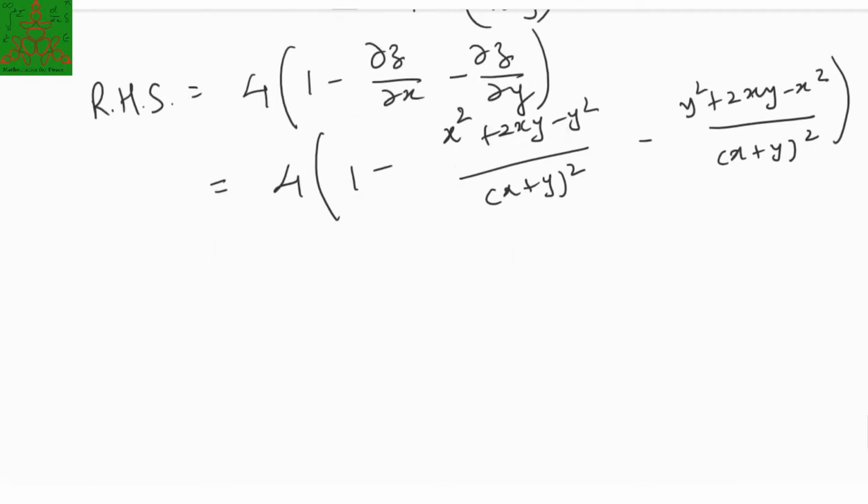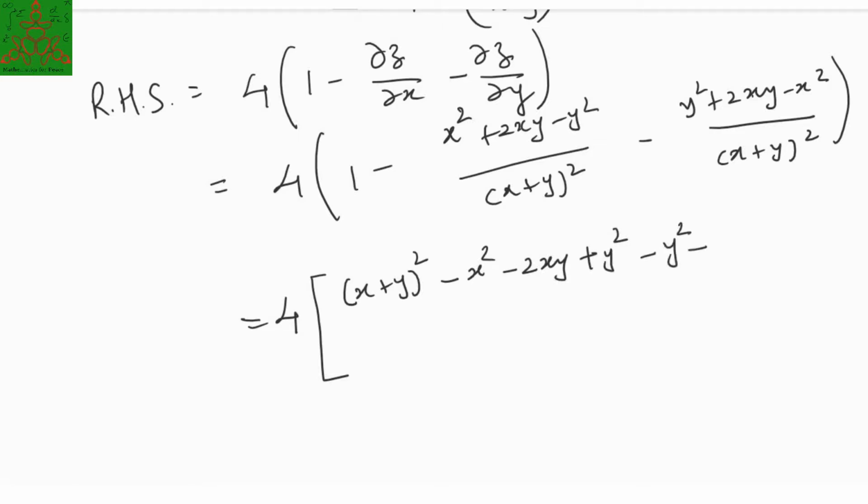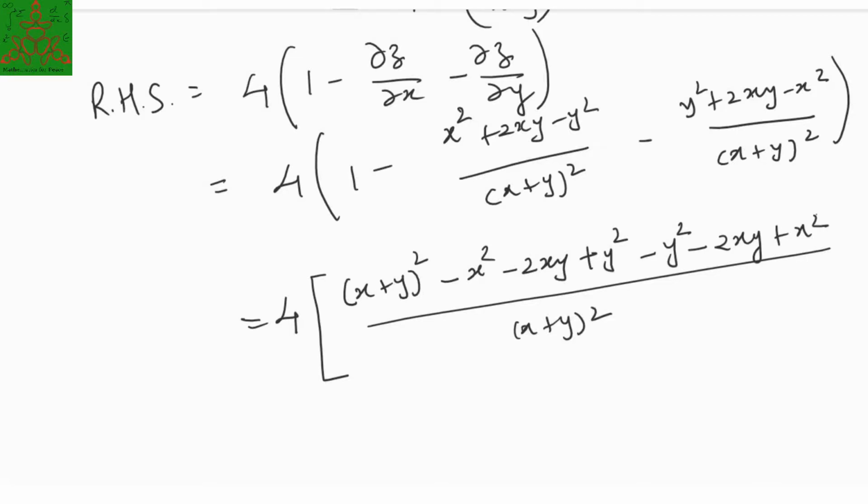If you simplify this, it will be 4 times, inside the bracket, you will have (x plus y) whole square minus x square minus 2xy plus y square minus y square minus 2xy plus x square, upon (x plus y) whole square, if you take the LCM as (x plus y) whole square. By simplifying this, you just observe that x square will get cancelled, y square will get cancelled.